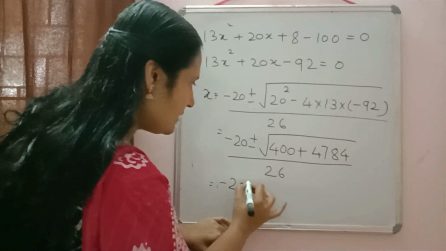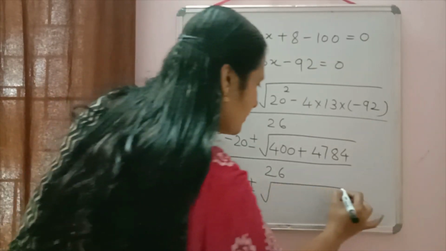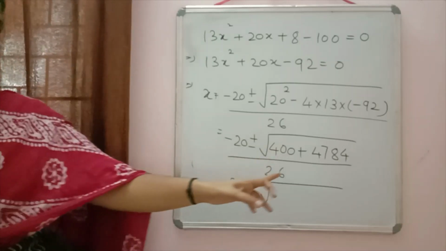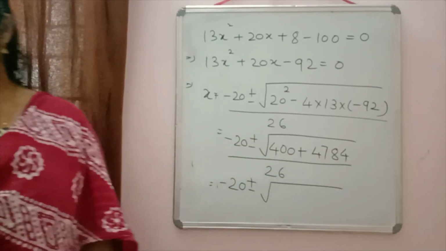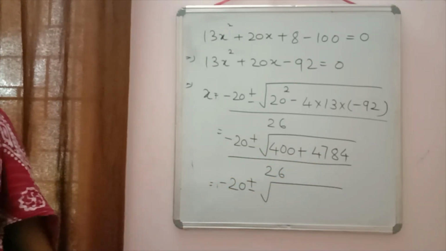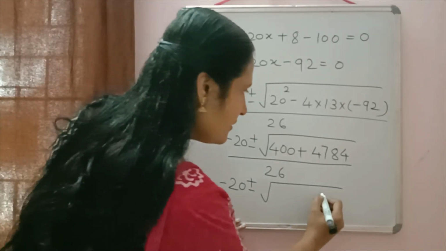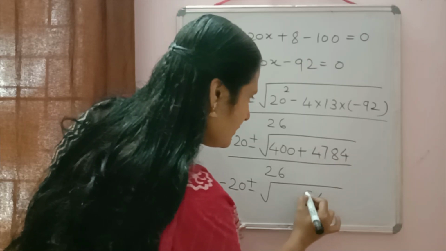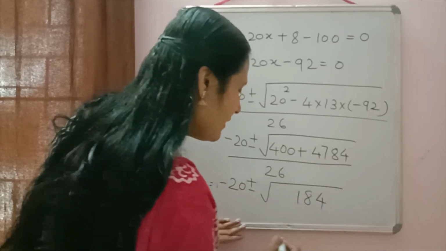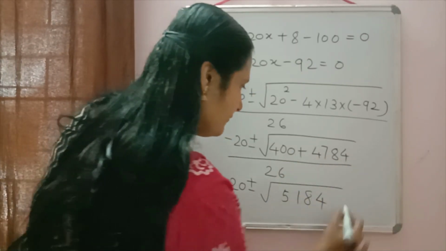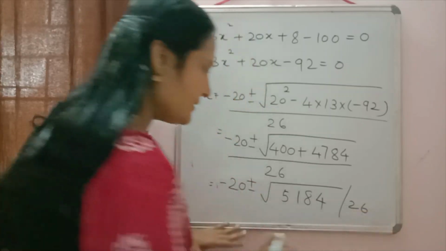So minus 20 plus or minus square root of 400 plus 4784. If we add, it will be equal to 5184 by 26.